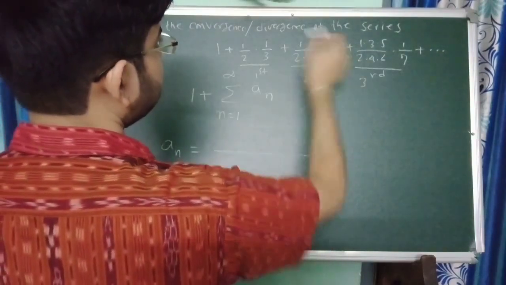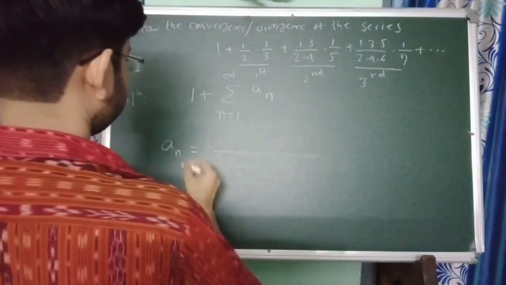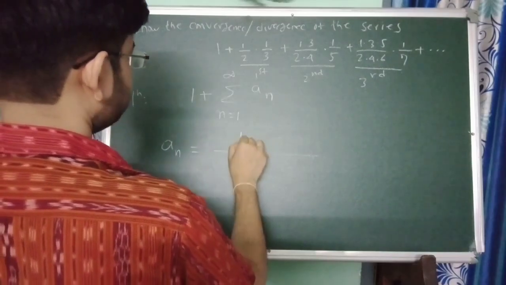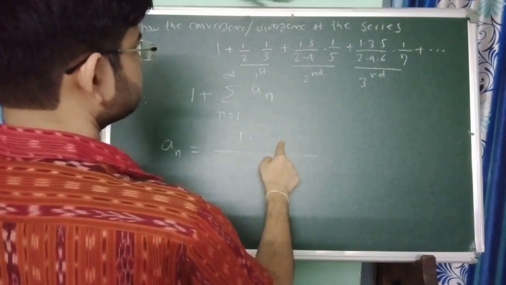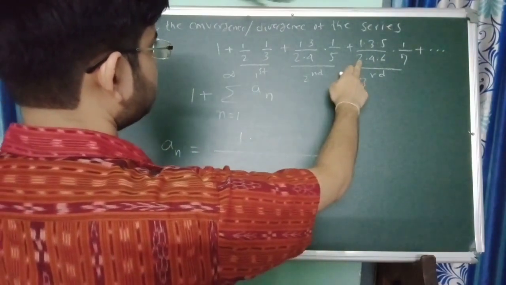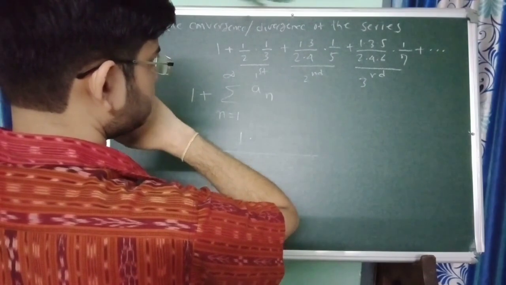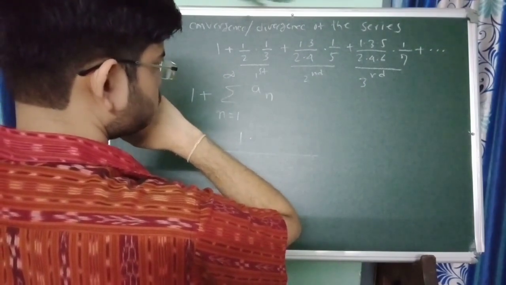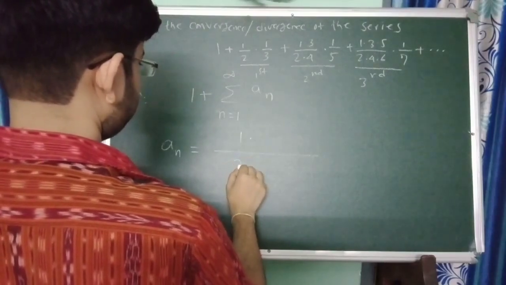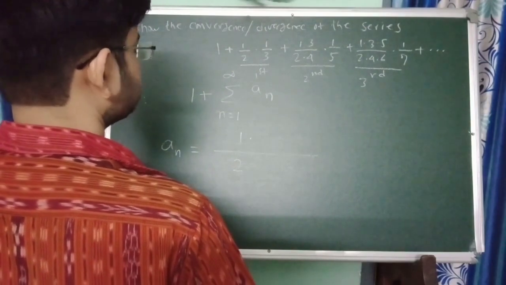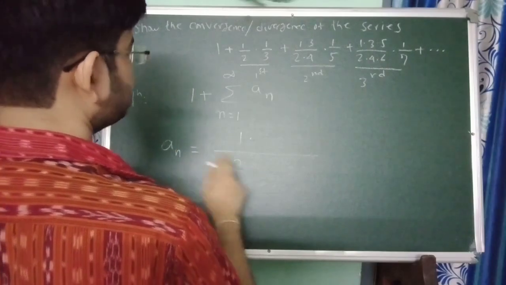Here in the numerator part, the terms start from 1, so in the numerator part of a n also starting from 1 into, and in the denominator part the series starts from 2, so also in the n term, the denominator part of the nth term is also starting from 2.